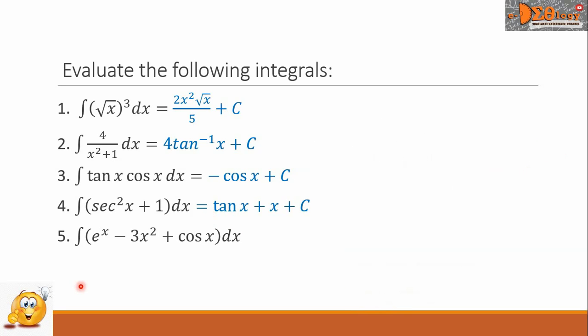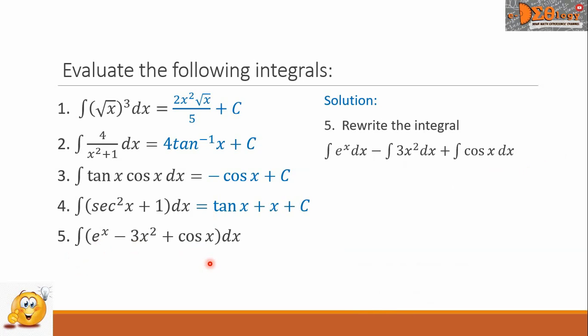Let's solve now for problem number 5. Let us show that we are going to take the integral of each of the term of our function. So we have now the integral of e^x dx minus the integral of 3x squared dx plus the integral of cosine x dx. So we're going to use three different integrals here. And these are the formulas that we're going to use.